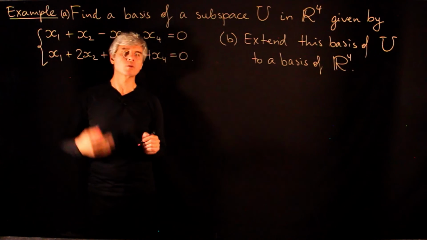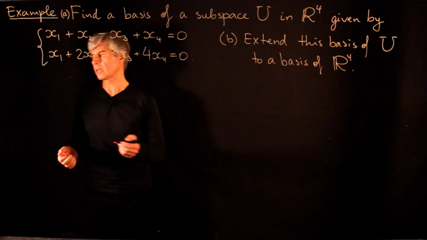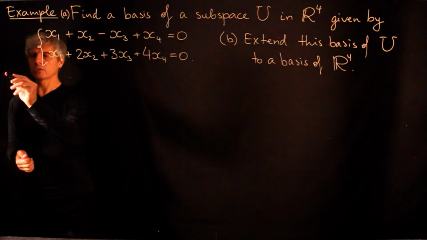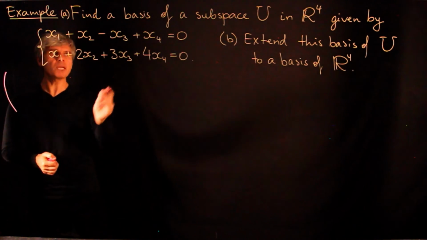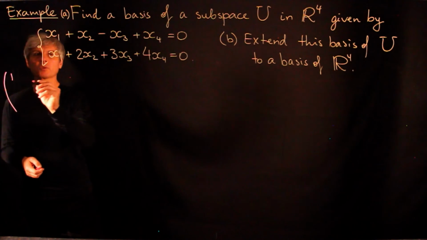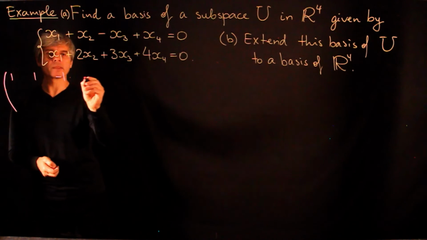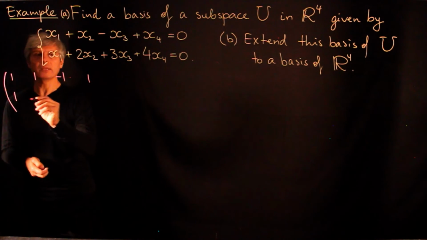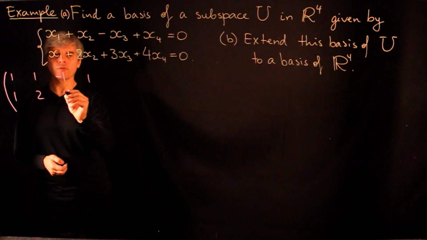Now, the first part is more straightforward. Here we need to find the basis of the solution space. So we just write down the matrix of this system. It will be 1, 1, minus 1, 1, and then 1, 2, 3, 4.